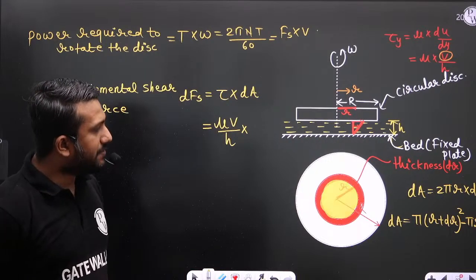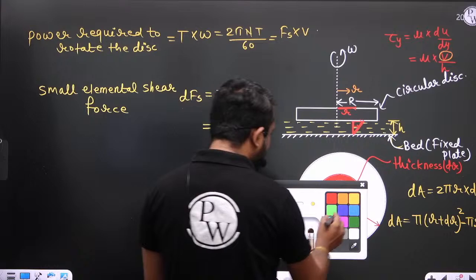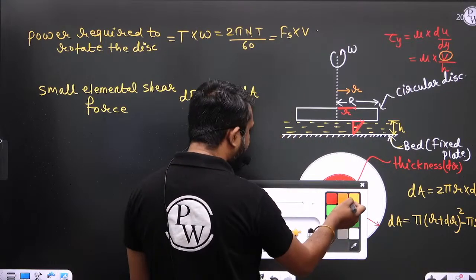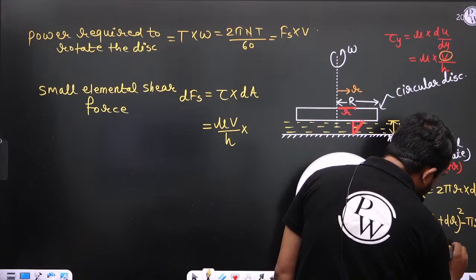So pi (r plus dr) square minus pi r square. From here what are you getting? You are getting this only, that is 2 pi r dr.